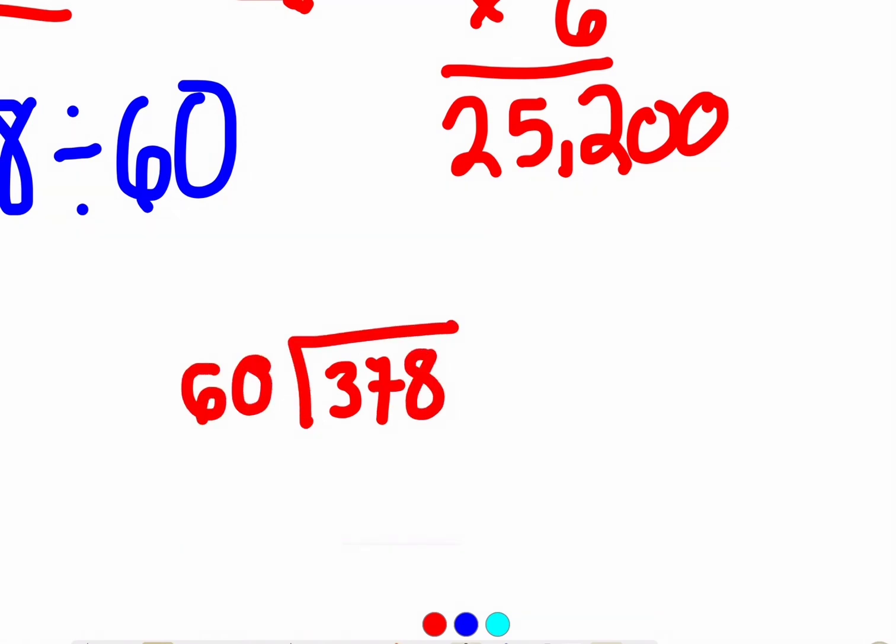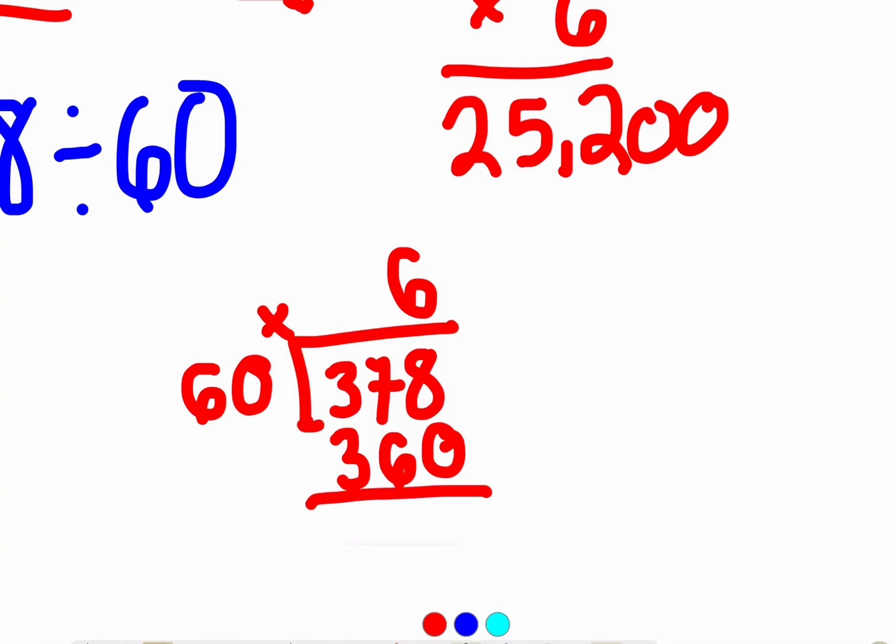How many times can 60 go into 3? It can't. How many times can 60 go into 37? It can't. How many times can 60 go into 378? Well, estimation is going to be helpful. I know that 6 times 6 is 36, so let's try 6. 6 times 60 is 360.